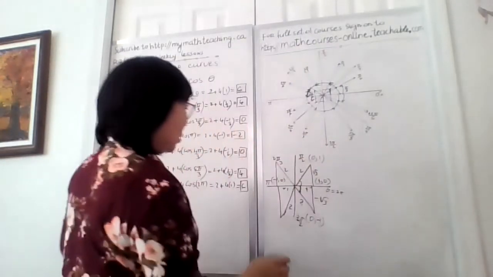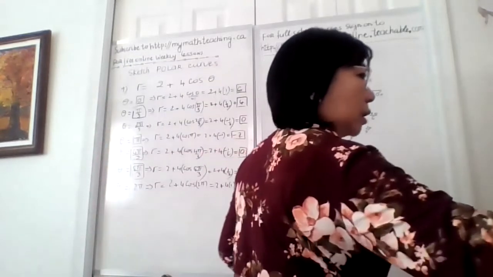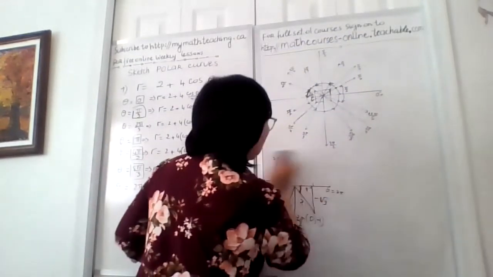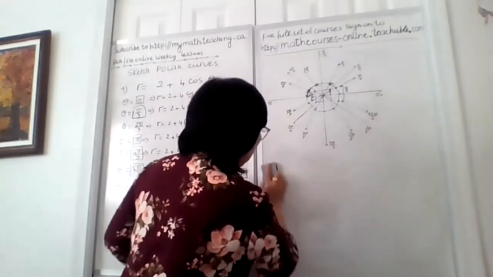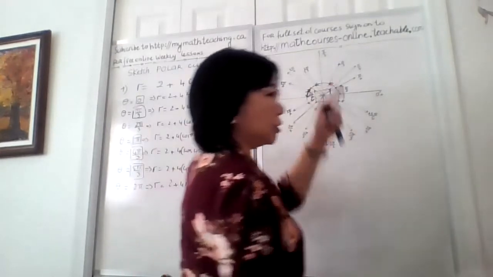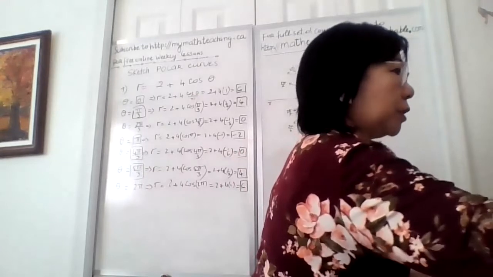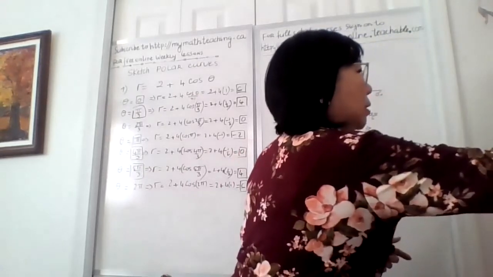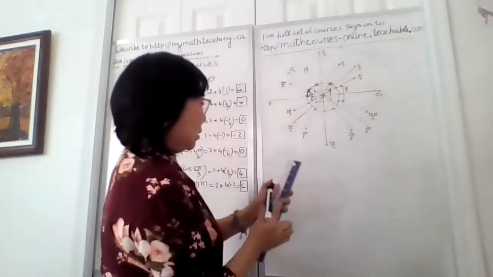So let me show you how to get this. Now I'm going to keep the unit circle here to keep track of it, right? So let me show you how to sketch this one.